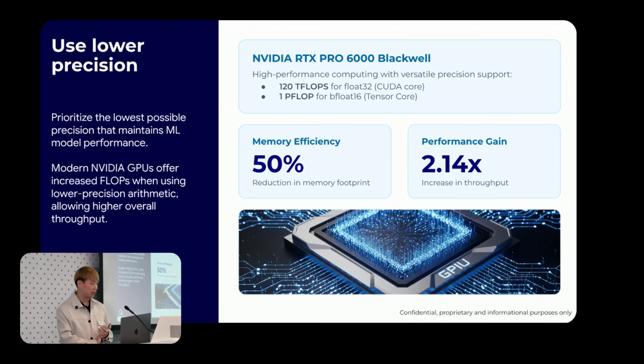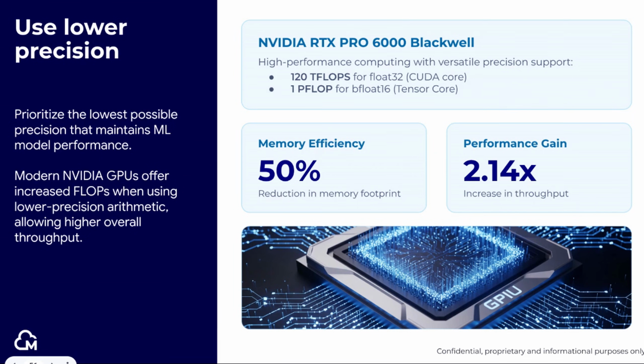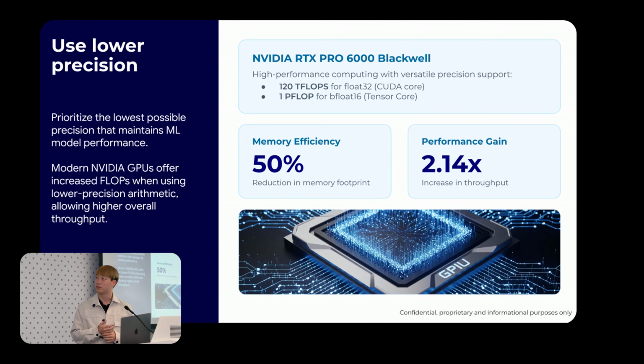The next best practice is to use lower precision. We recommend prioritizing the lowest possible precision that maintains ML model performance. I think previous slides covered other lower-precision compute like BFloat16, FP8, and even FP4. We primarily utilize BFloat16. Even if we just look at the spec of the NVIDIA RTX Pro 6000, it has 120 teraflops for float32 operations, but it has 1 petaflop of compute power for BFloat16.